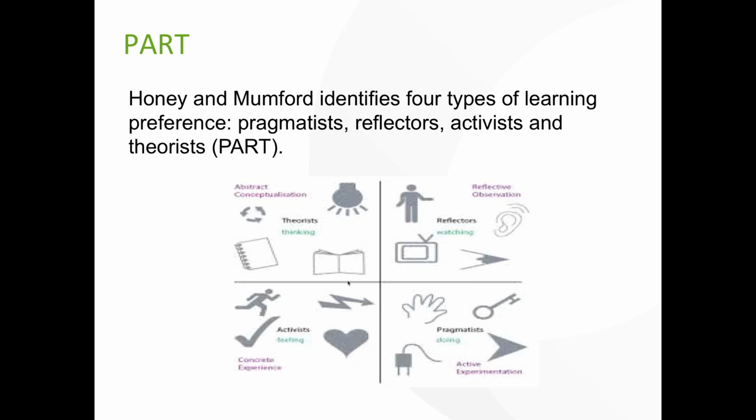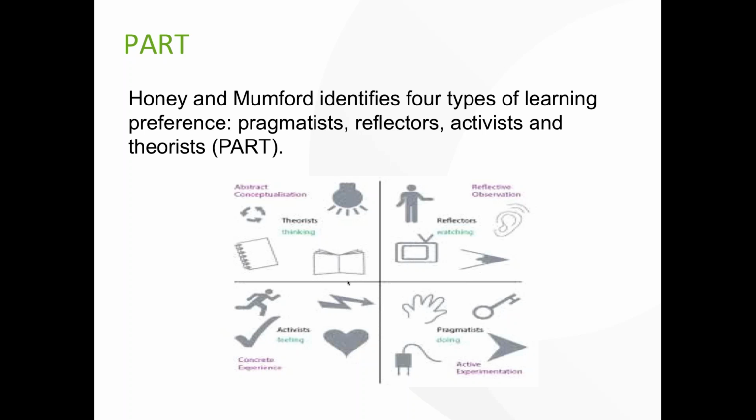Whereas a reflector is all about matching. They're thinking more about what they've just learned and how it makes them feel, how it makes them think. They will start thinking about what they're actually doing and potentially changing behavior.